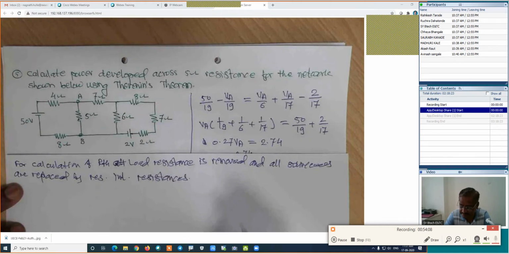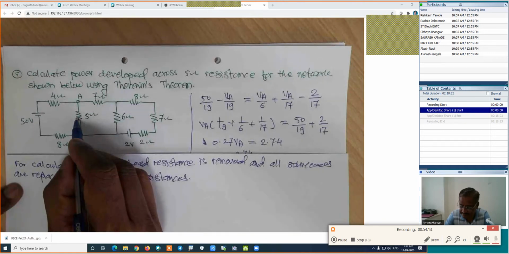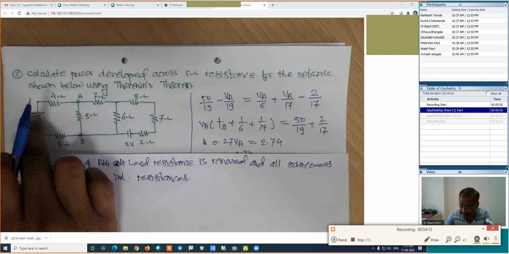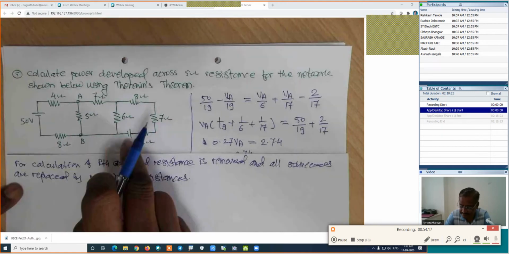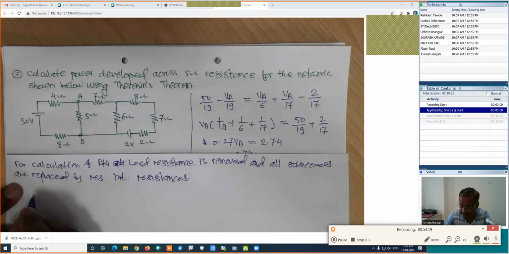Now how will the figure be? We will remove this load resistance and these two sources, and redraw the same circuit. Here is point A. This is the 8 ohm.